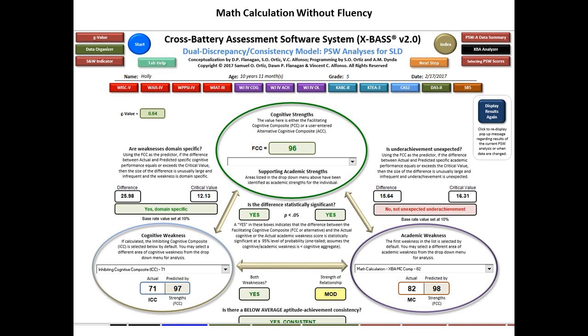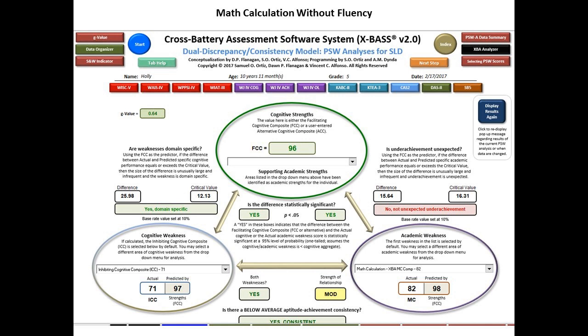And then when used in a regression-based analysis to predict where Holly was expected to perform in math calculation, that difference between predicted and actual, which rounds to about 16 points, very, very close, doesn't quite meet the critical value. Therefore, it's not considered unexpected underachievement.